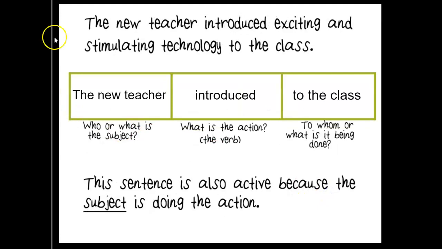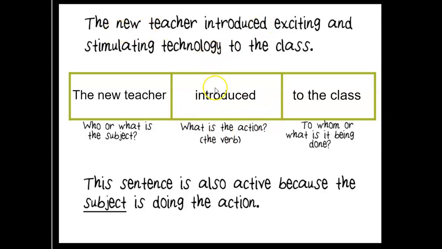Here's another example. The new teacher introduced exciting and stimulating technology to the class. This is also a sentence that is written in active voice. Remember, when you are trying to decide if a sentence is written in active or passive voice, the first thing you need to do is find the verb. What is the action? In this sentence, the action is introduced.